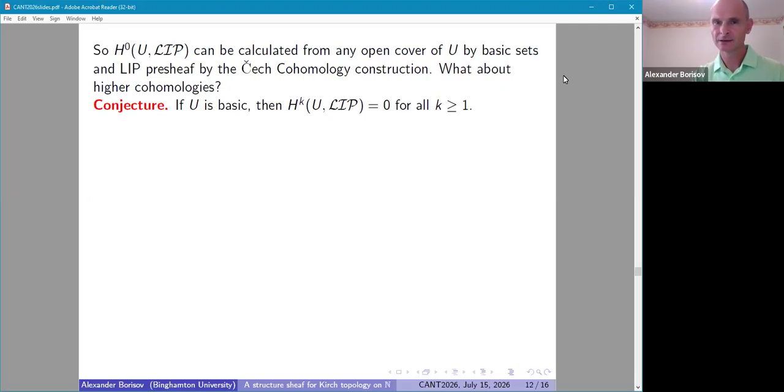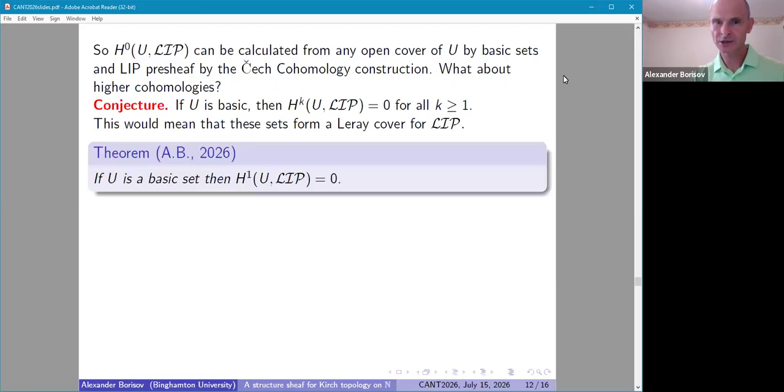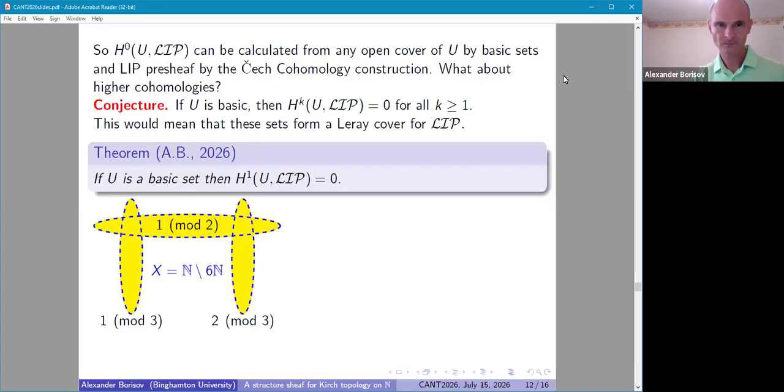That would mean that they form what's called a Leray cover, also known as a good cover. So the answer to the above question is affirmative. It's still a conjecture, but I do know it for k equals 1. I know more.